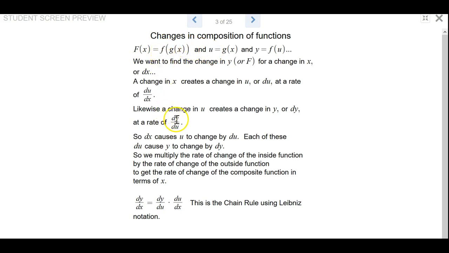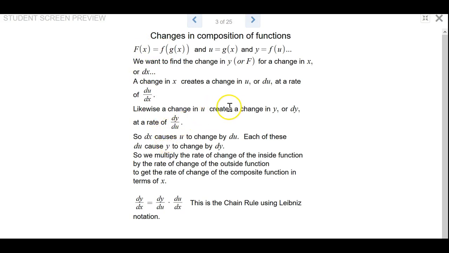We're calling that output variable y. So a change in u, which we can call du, is causing a change in y, which we call dy. So we have du/dx and dy/du, but what we want is dy/dx. We want the derivative of this outside function with respect to x.